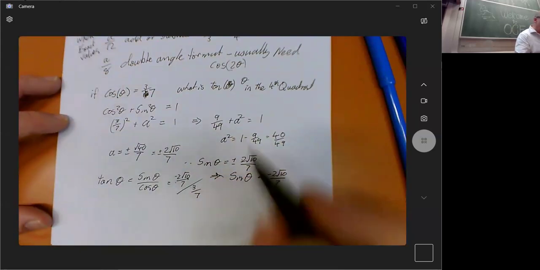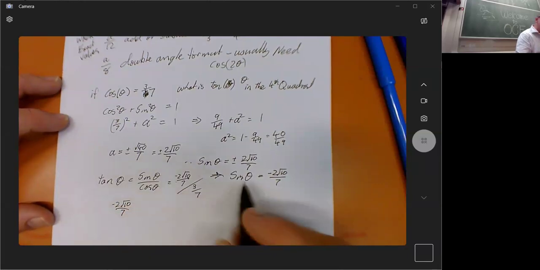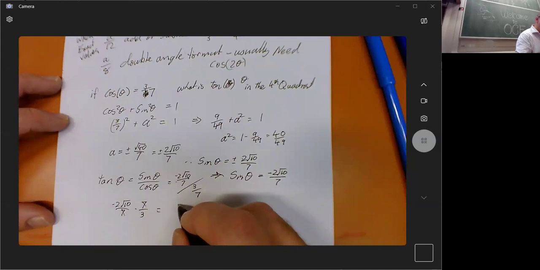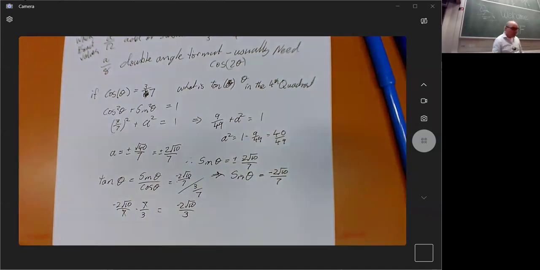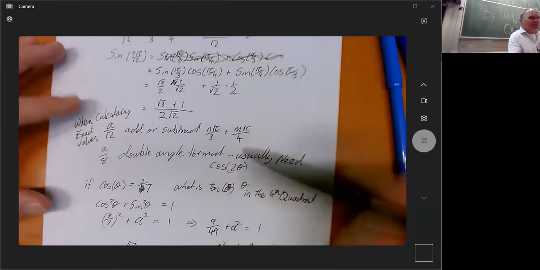We know how to work with fractions. I'm dividing by this fraction, so I multiply by the reciprocal, and so I should get minus 2 root 10 on 3. Reasonably simple process to follow. These are all straightforward things, and we can see all of those things.